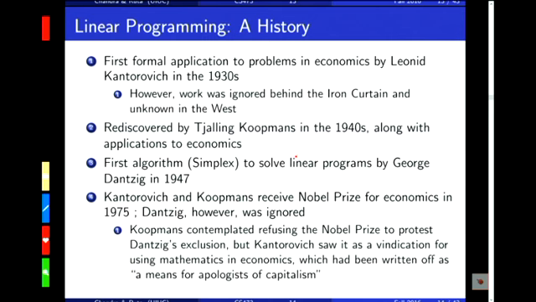The first algorithm came in 1947 by Dantzig. It's a beautiful algorithm we'll see today. Both of these guys got a Nobel Prize, but Dantzig was ignored, because these guys are economists and Dantzig is a mathematician, actually.